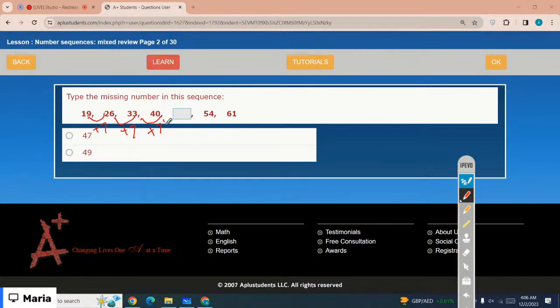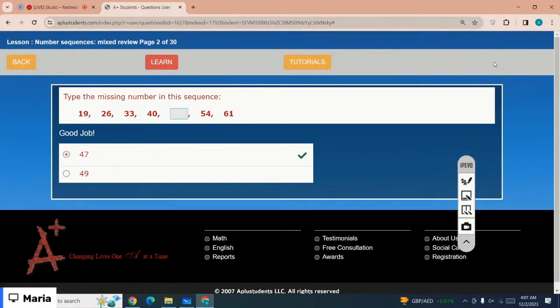So for the next one, you have to add 40 plus 7, and 40 plus 7 is 47, right? So the missing number is 47. Got it? Forty-seven it is.